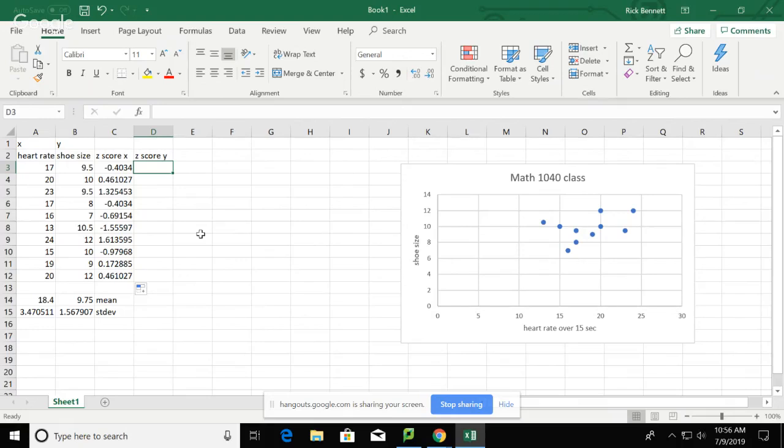Okay. So James, can you help me do this? So we're doing equals y, 9.5. We're going to subtract y bar. What's the y bar? That would be 9.75.